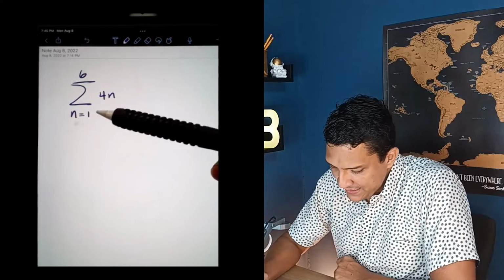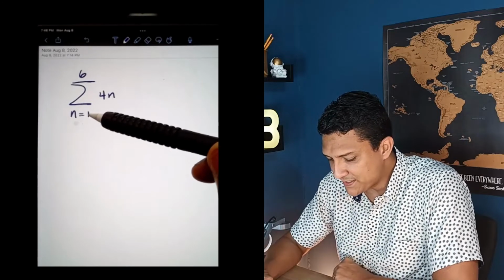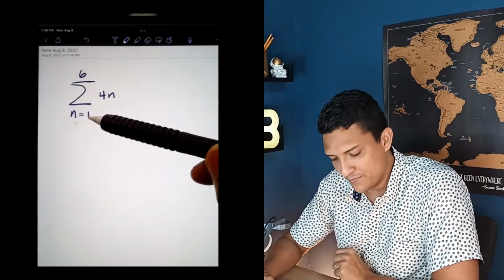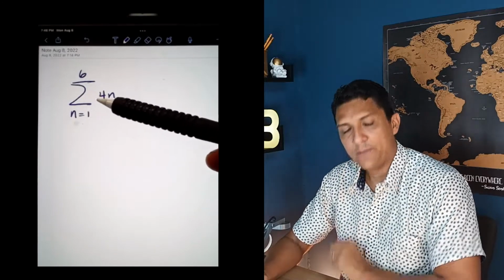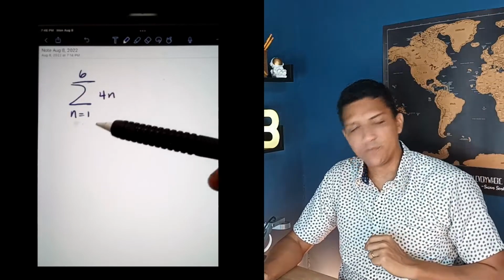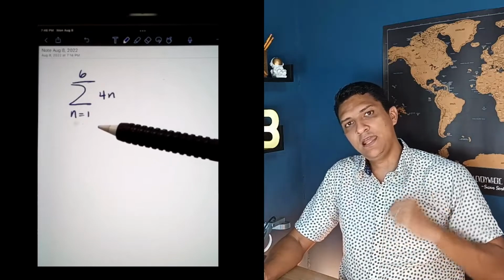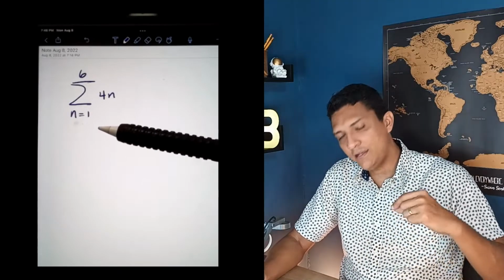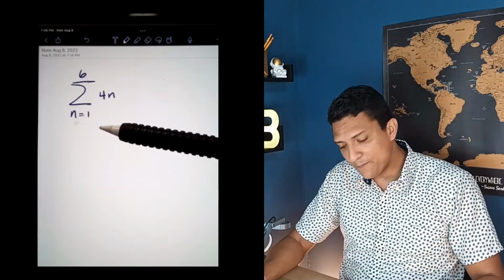Notice that here they are telling us that n is going to start with the number 1 and it's going to increase by one until we arrive to 6. In other words, first n is going to be equal to 1, then n is going to be equal to 2, then n is going to be equal to 3, until we arrive to 6.